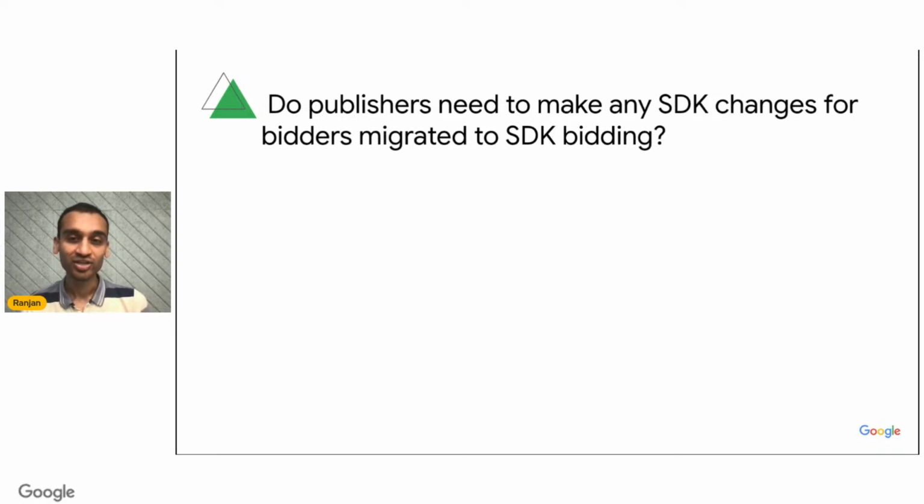So the answer is that no SDK changes are required to continue transactions with bidders that migrate to SDK bidding. However, in general, we recommend that publishers should update bidders' proprietary SDKs to the latest version as and when that's available.